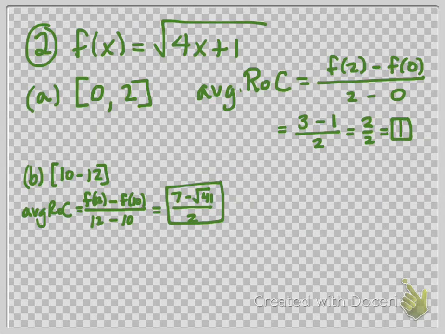Okay, the denominator came from 12 minus 10. But when I plugged in, when I did f of 12, is that what you were saying? Yeah, like how you got the 12 for that. Okay, y'all are really asking the same question.